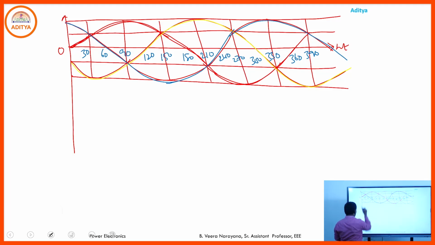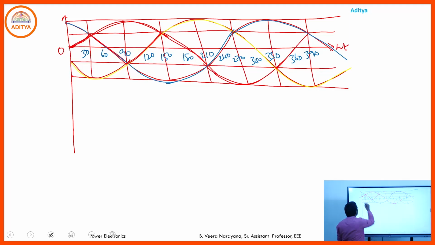Next you start from here and you cross, similarly like this. After that you join the alternative peaks, this one, this one, similarly alternative peaks like this.